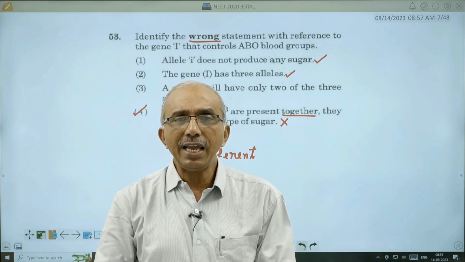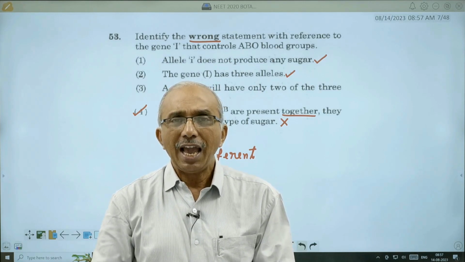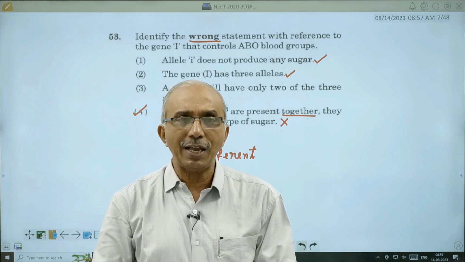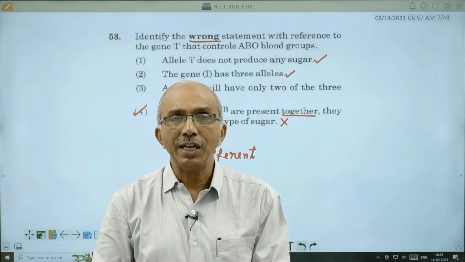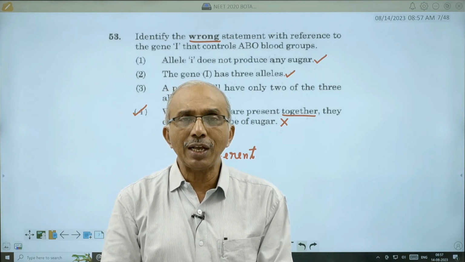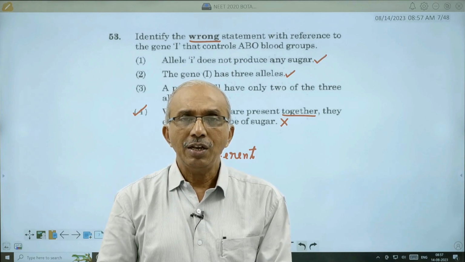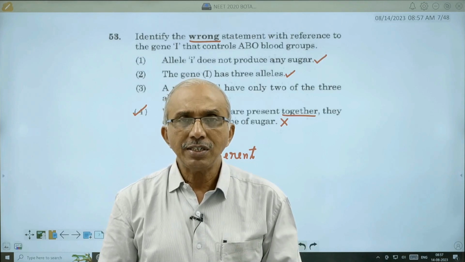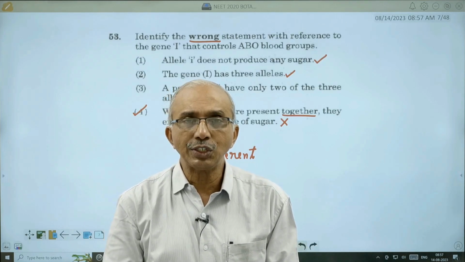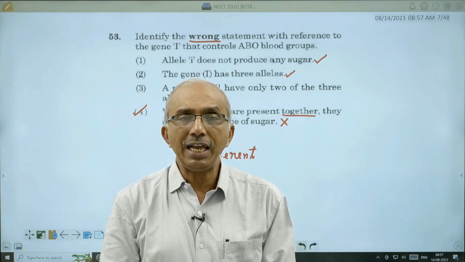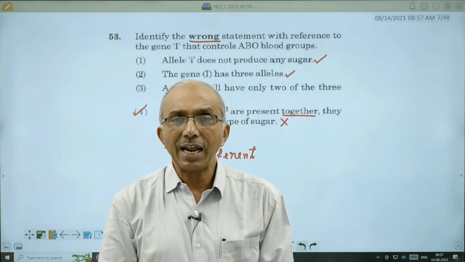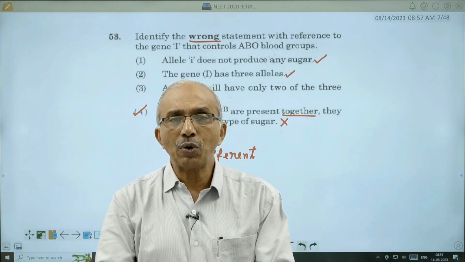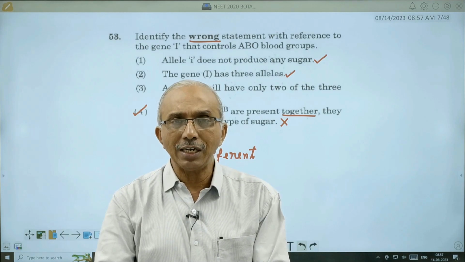That means IA and IB express simultaneously. This phenomenon is known as codominance. That is, in heterozygous condition, if both alleles express their character, the phenomenon is known as codominance.